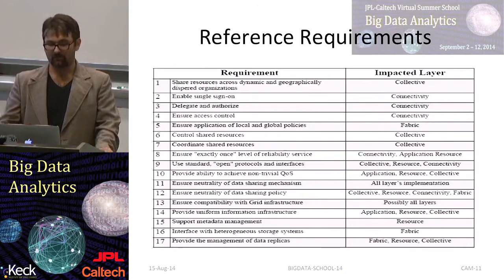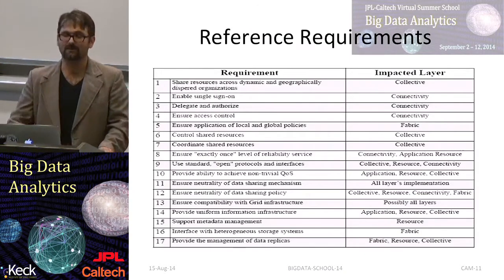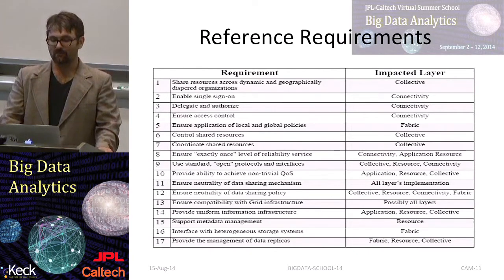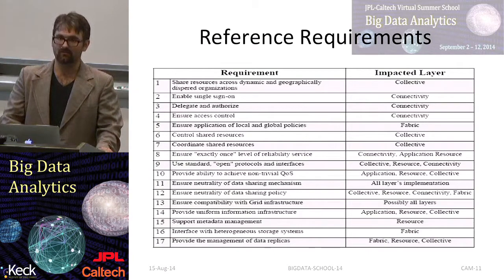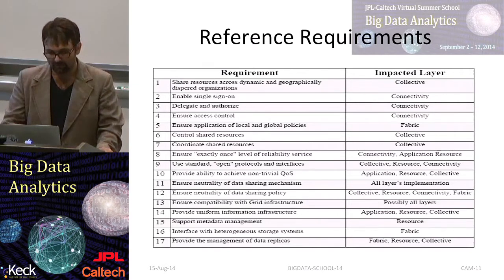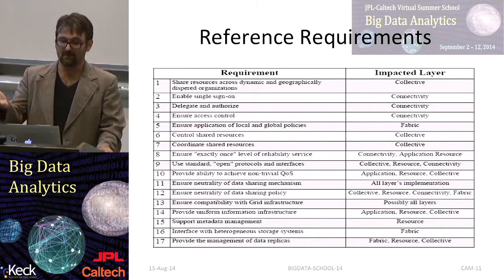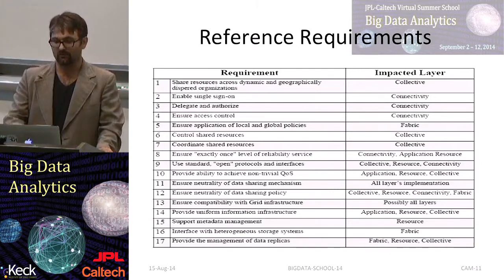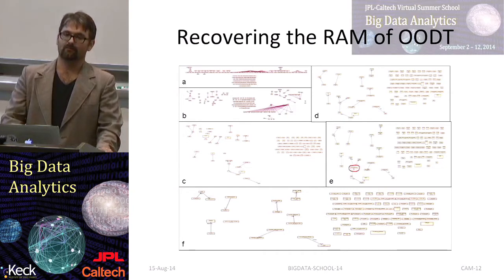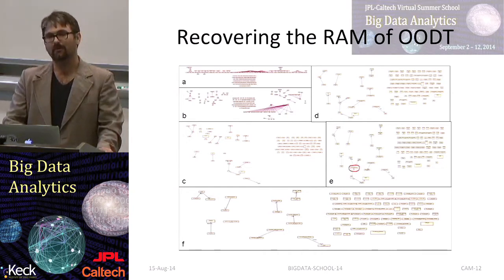And so these are the reference requirements, the list of around 17 that we gleaned from that basic grid literature, and the impacted layer in that grid architecture that gave us some more insight. Well, if it's something that's dealing with single sign-on, it likely goes in the connectivity layer, and so on and so forth. So this is the sequence of steps that we took.